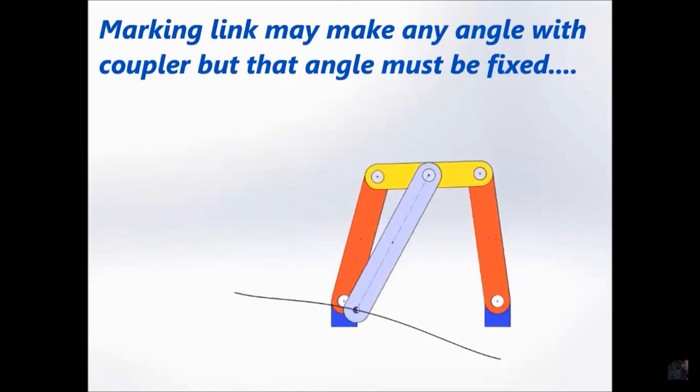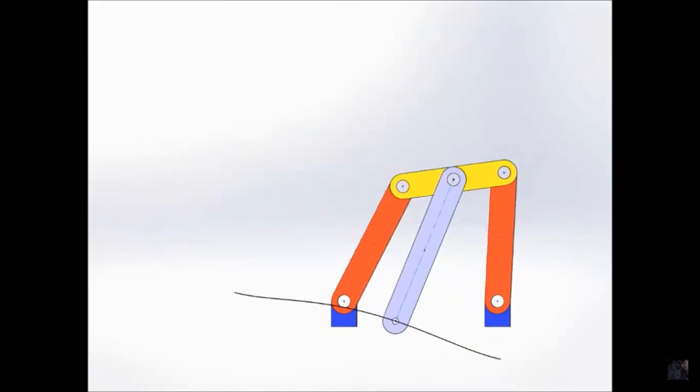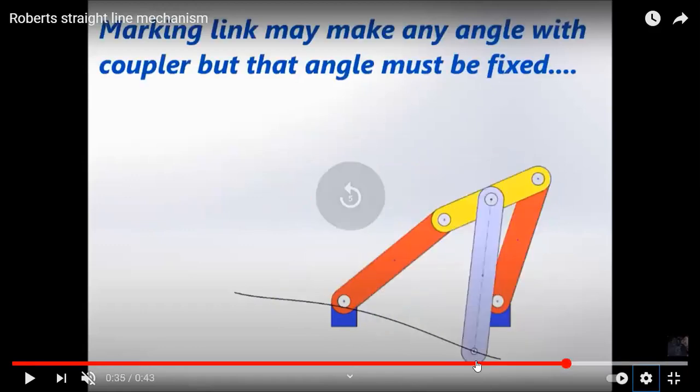So if the angle of the link is fixed, you can see the angle of the link. This is not perpendicular to the baseline O1. So it forms a curvy line. So you can see it in the picture also.